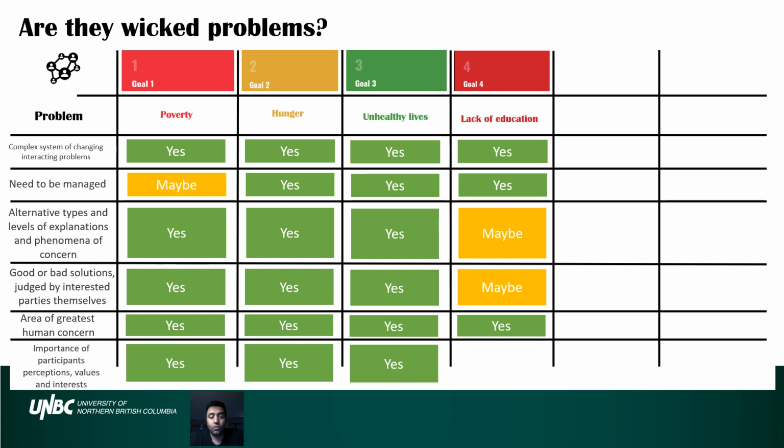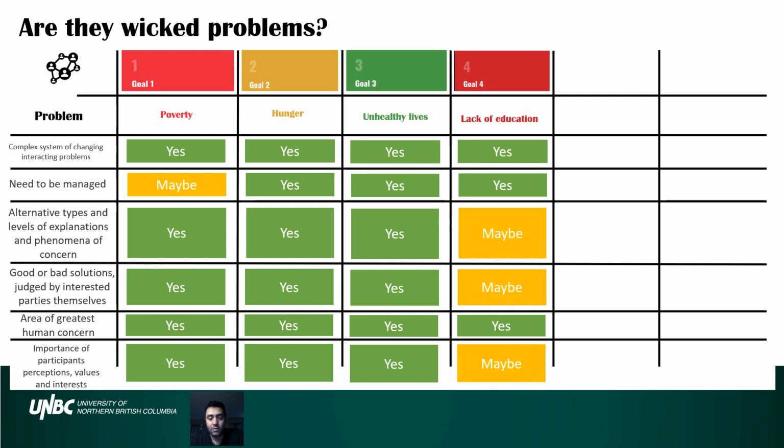Maybe it is good or bad solution judged by interested parties. Actually, after education, if somebody asks you, are you well educated? In most cases, you won't say no. So this answer is selected as maybe.